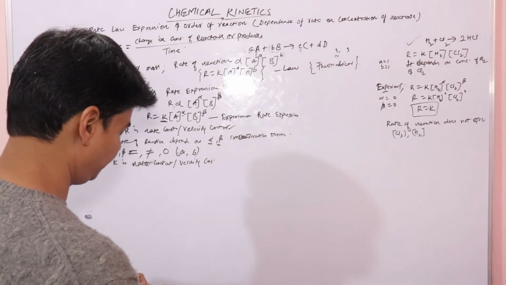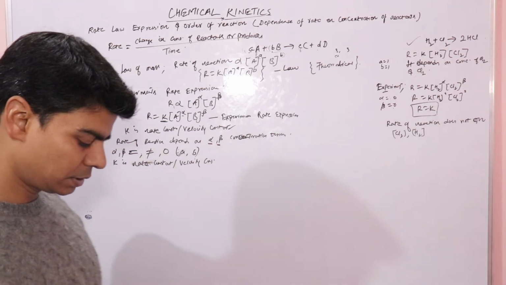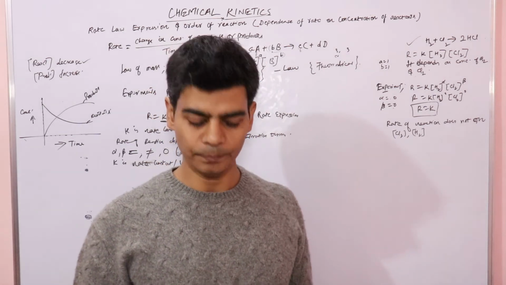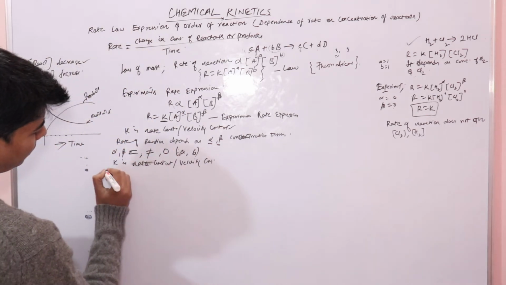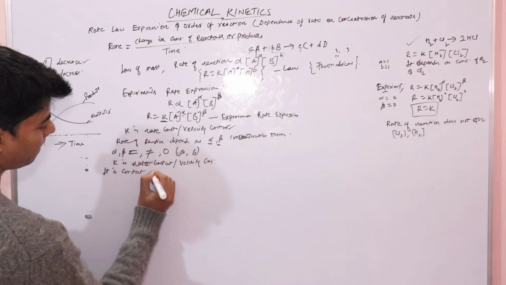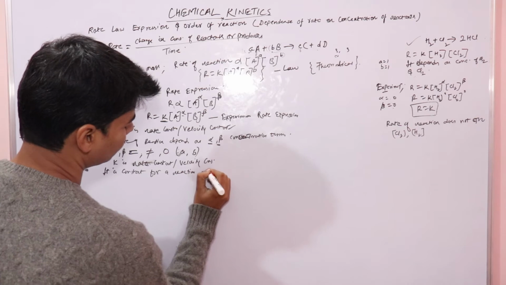I mentioned it over here. Rate constant or velocity constant is constant. It's a constant value for any reaction at constant temperature, right? So it is constant for a reaction at constant temperature.